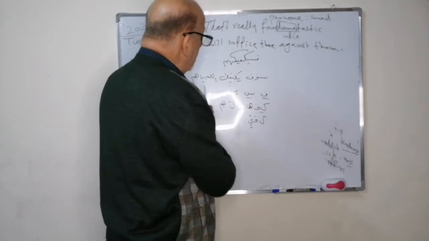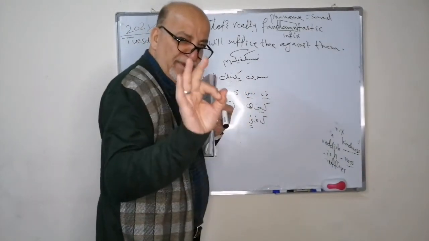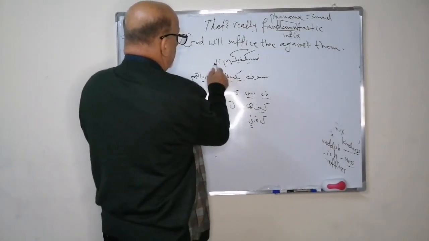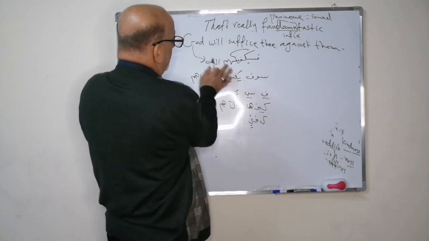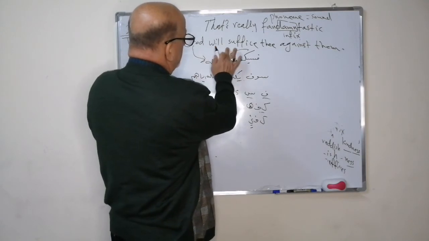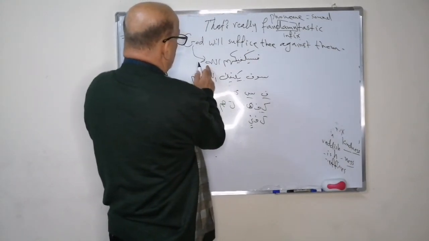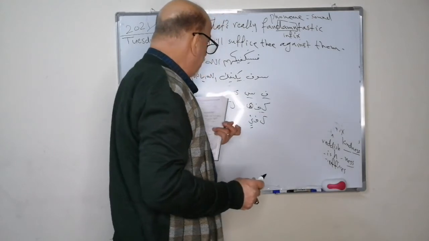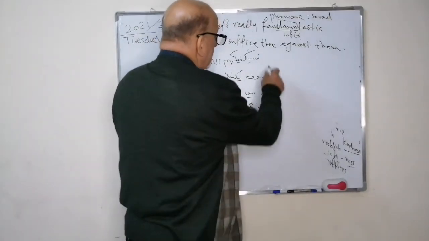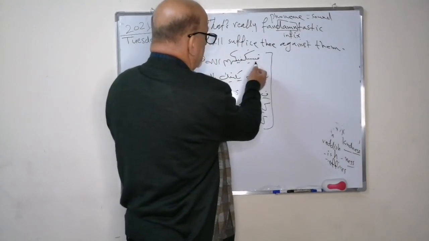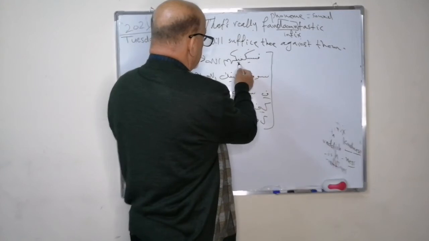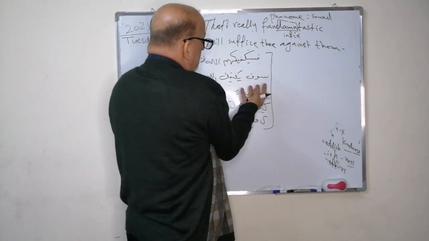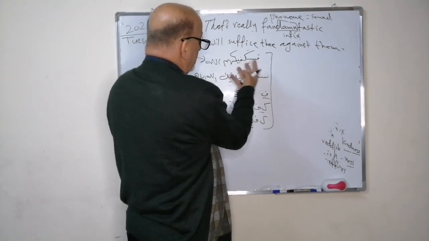Here is a very nice example: "fasayakfikumullah", from verse 137 of Surat Al-Baqara. This is a long word of nine letters. We think we cannot divide this word, but it is divided.